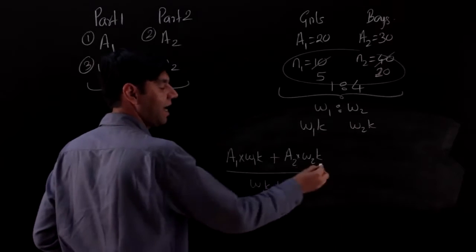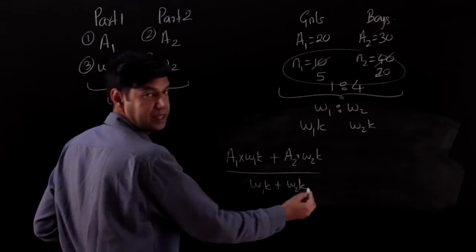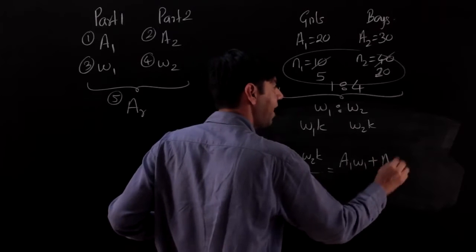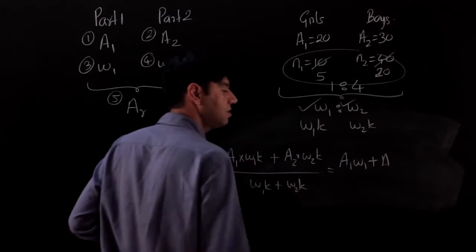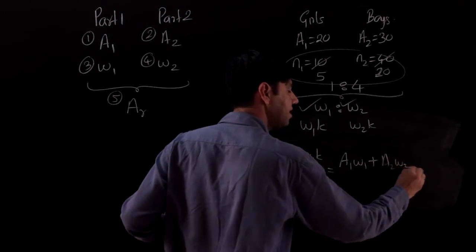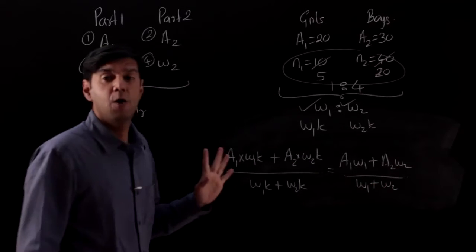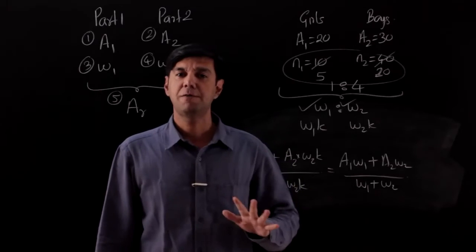What we see is the K in the numerator can be taken common, K in the denominator can be taken common, and it will cancel out. So could I have used the values that are available in the ratio format itself? Pretty much, right?